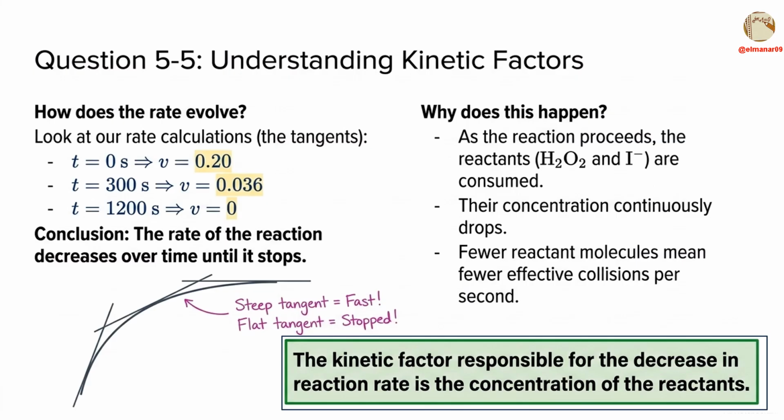But as the reaction proceeds, these reactants are consumed. There are fewer and fewer molecules left, which means fewer effective collisions per second. Therefore, the kinetic factor responsible for the slowdown is the decrease in reactant concentration. It's like a party that starts loud and busy, but gets quieter as the guests leave.